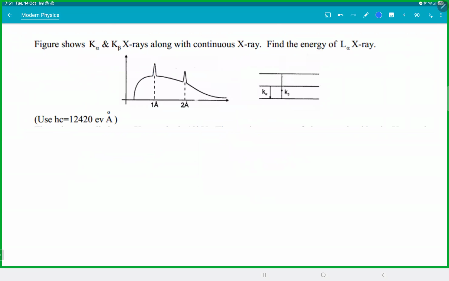Let's get this. K alpha and K beta X-rays are given. Find the energy of L alpha.